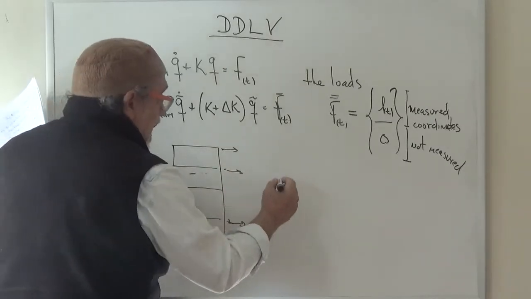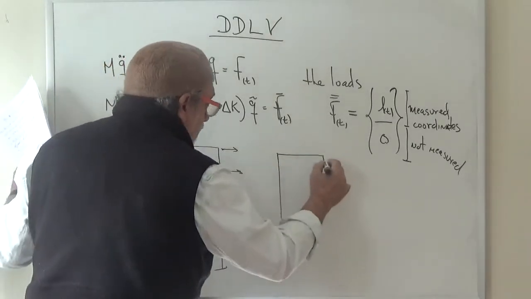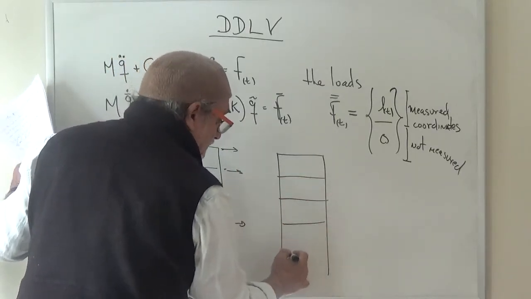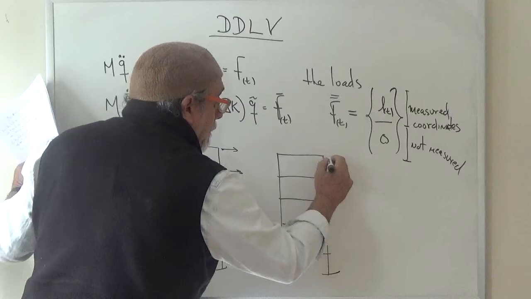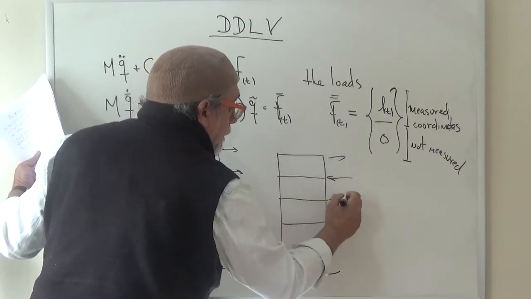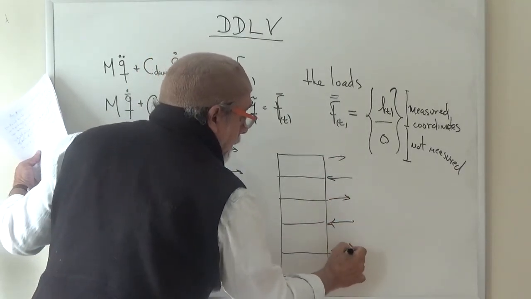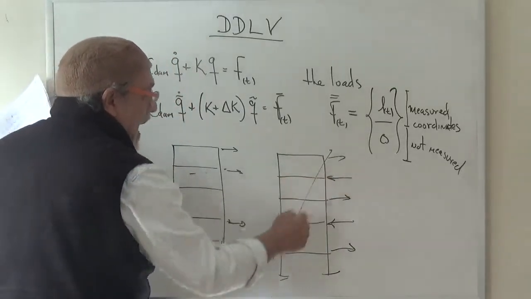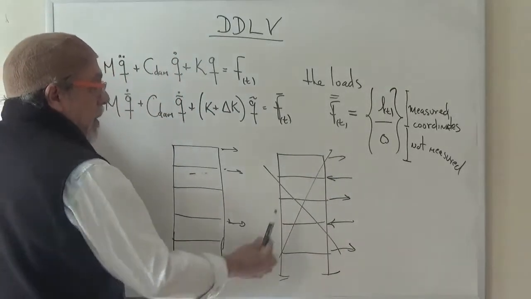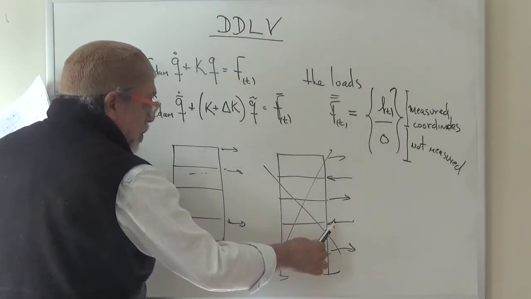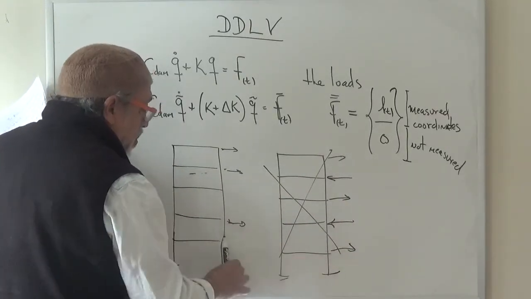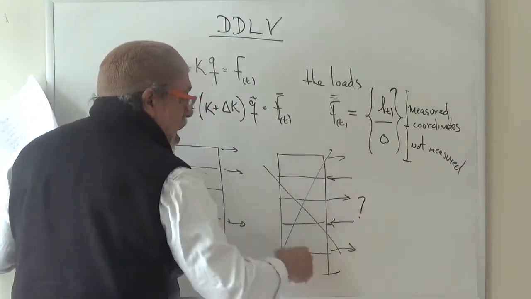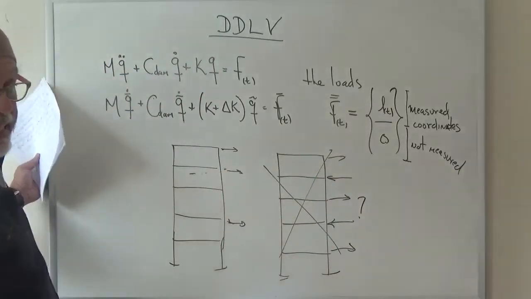If I were to say that this loading produces identical response in the damaged and in the undamaged state, I am not interested in that loading because it has contributions at locations where I don't have sensors. So I will never be able to find what those loads are by processing data.